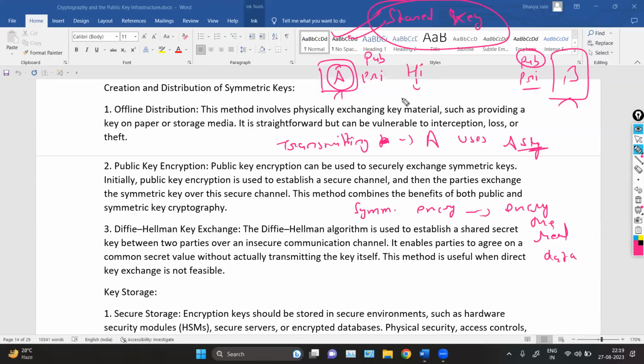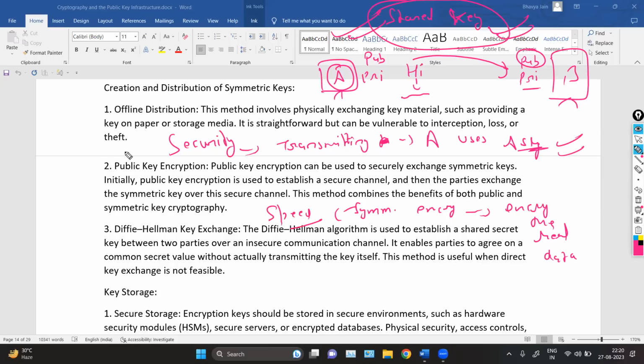A converts this hi into another form using the shared key and then simply transmits the data, and B at the receiver side decrypts this message, because B also has the same shared key which we transmitted using the asymmetric encryption. So here we are ensuring the speed as well as the security. We ensure foolproof security with the help of the asymmetric algorithm, and we ensure the speed with the help of the symmetric algorithm that we have discussed.